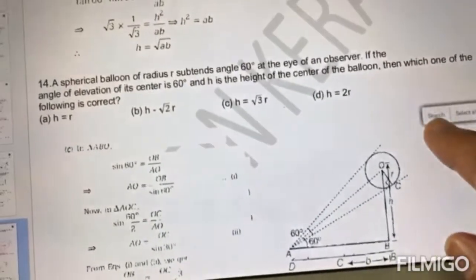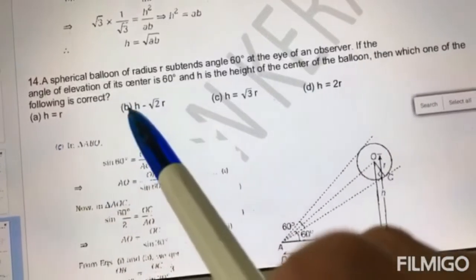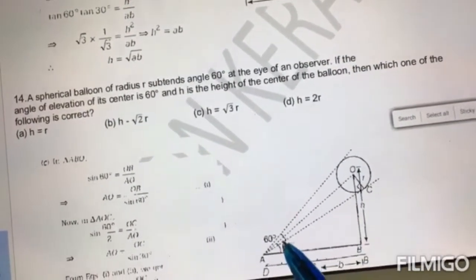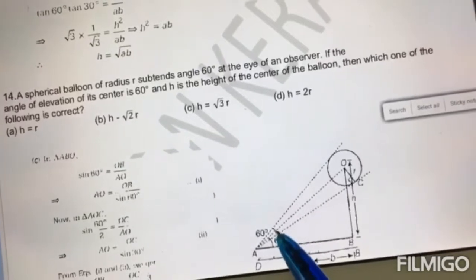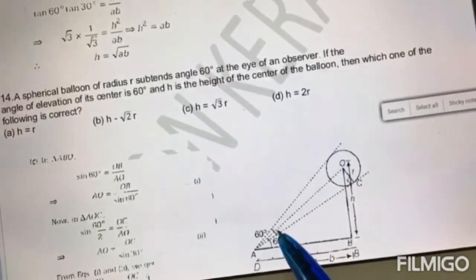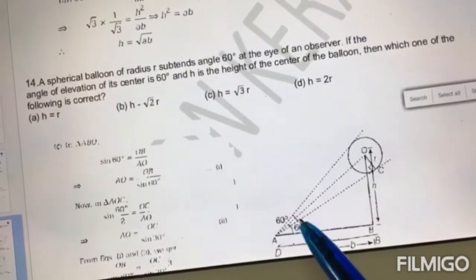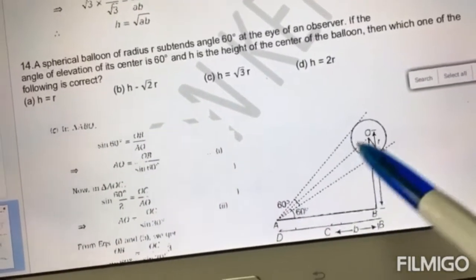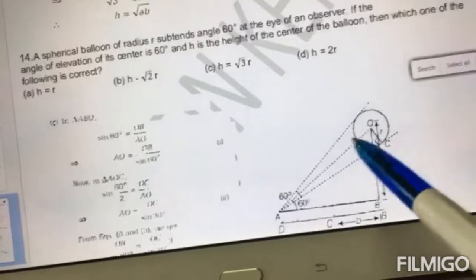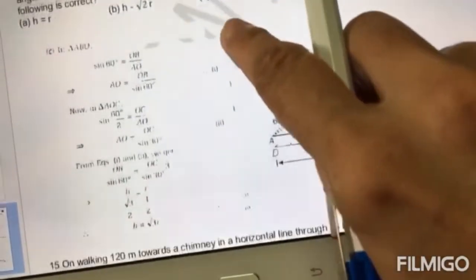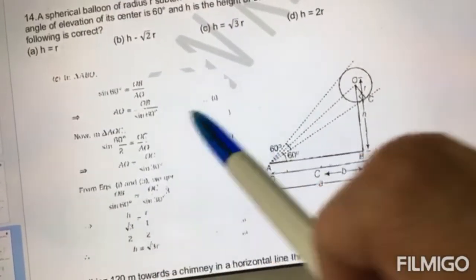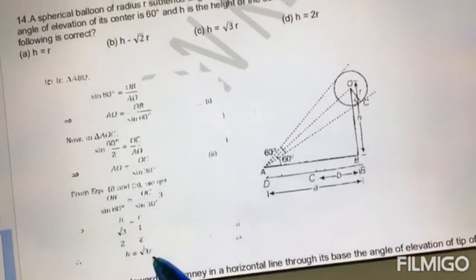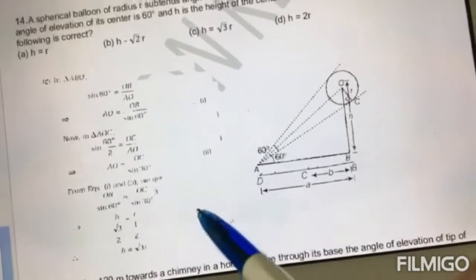They are saying that if the angle of elevation of its center is 60 degrees, that is, this angle is also 60 degrees, then this particular angle will be 30 degrees. So it will be sine 60 divided by 2 is equal to OC divided by AO. AO is again the same common hypotenuse. So when we equate these two equations, we will get h is equal to root 3 r.